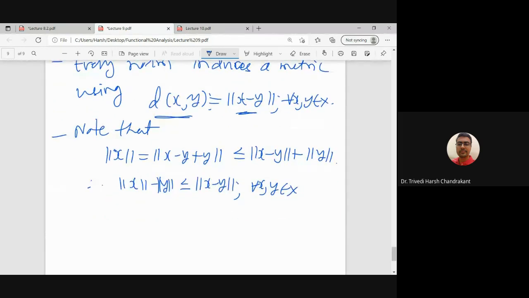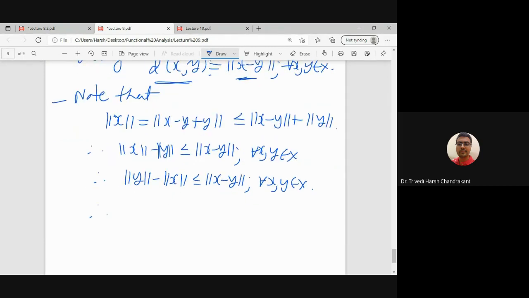Now if we switch x and y, we get the corresponding inequality for norm of y. Combining these two, we get modulus of norm x minus norm y is less than or equal to norm of x minus y.